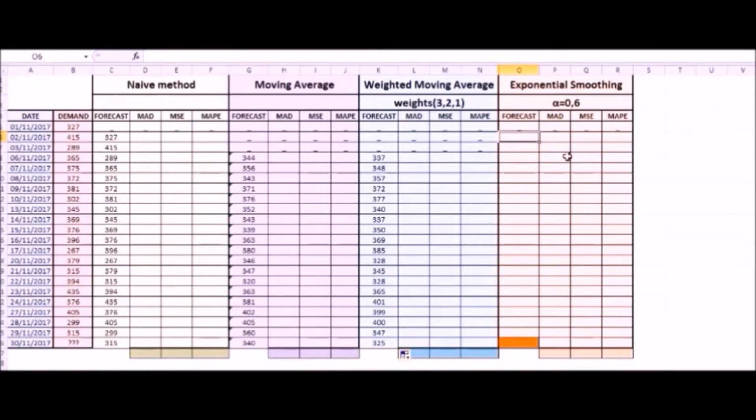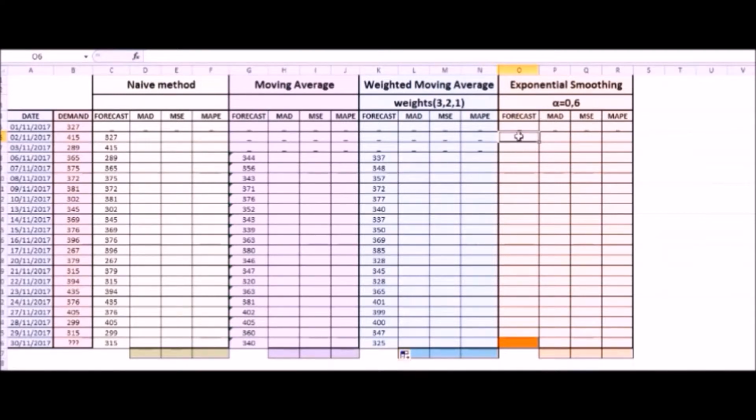The last technique is the single or simple exponential smoothing with alpha equal to 0.6, which means that 0.6 weight is given to the most recent observation and 0.4 weight is given to the last forecast. Here we cannot directly forecast the first value because we need the previous one.